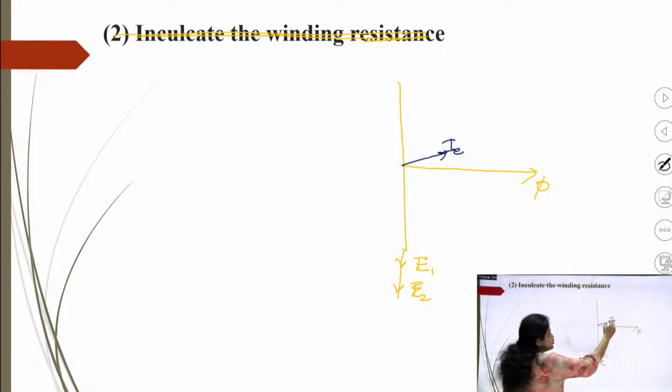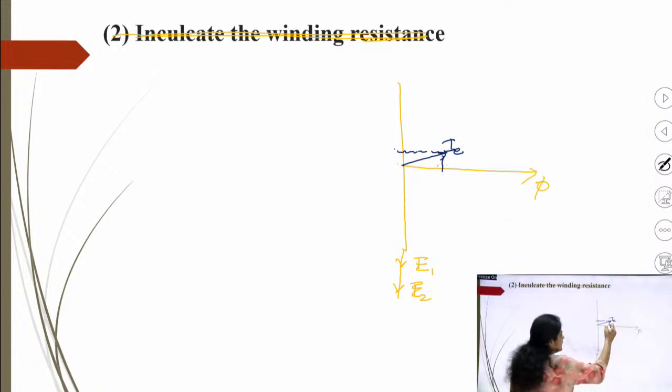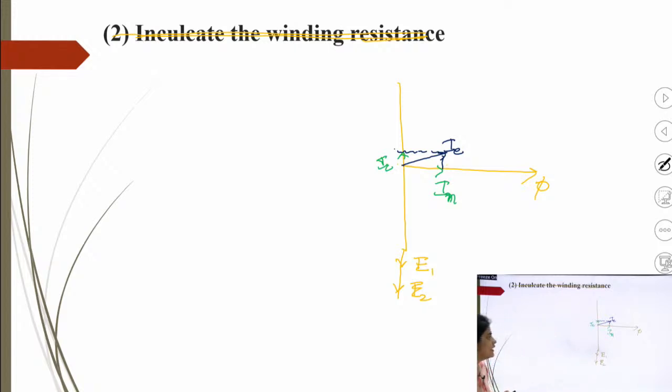Now, it is termed the exciting current, right. So, it has two parts. One you can consider as the magnetizing current, and the other one you consider as the core loss component, right.